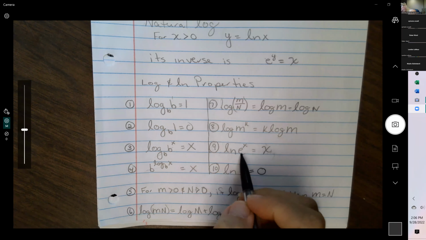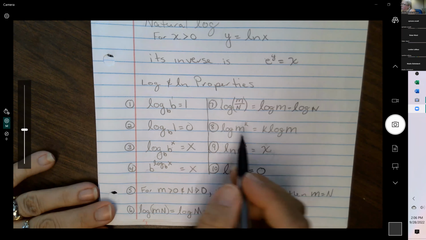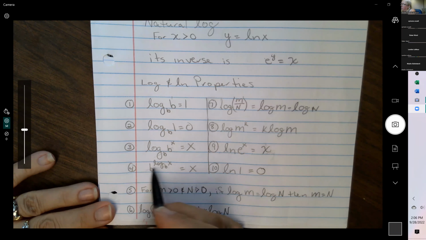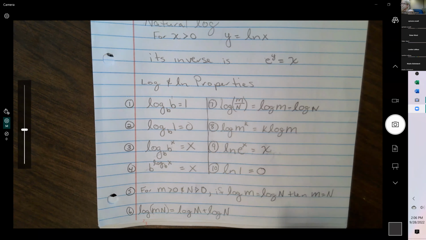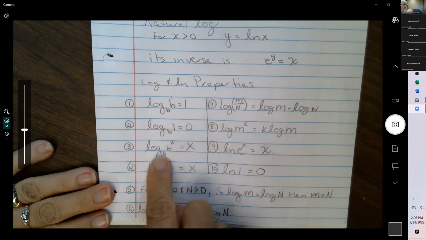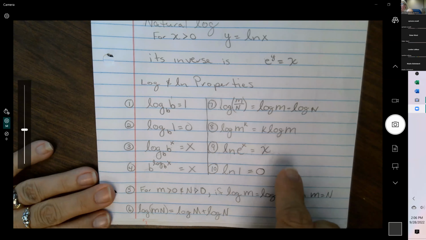The natural log and e are inverses. So you can think of them as canceling just like this canceled because they're inverses, and leaves x, and the natural log of 1 is 0. These rules for logs, they're also natural log.